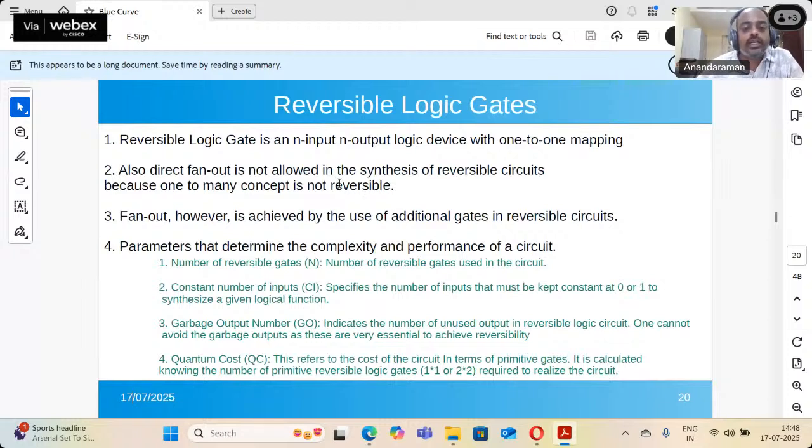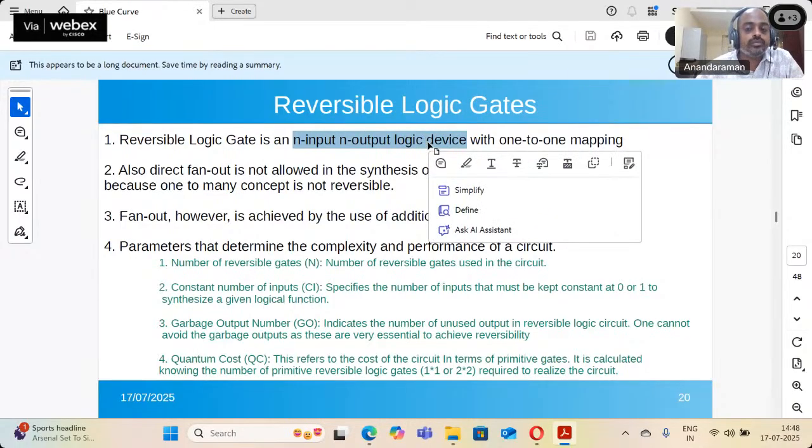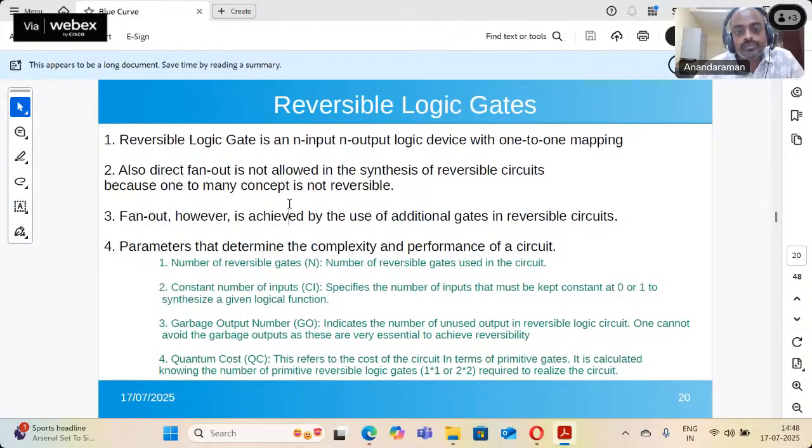So end-to-end input to output mapping should be one-to-one. Also, direct fan out is not allowed in the synthesis of reversible circuits, because the one-to-many concept is not reversible. Fan in is how many inputs a gate can have, and fan out is connecting a circuit's output to other logic gates' inputs.